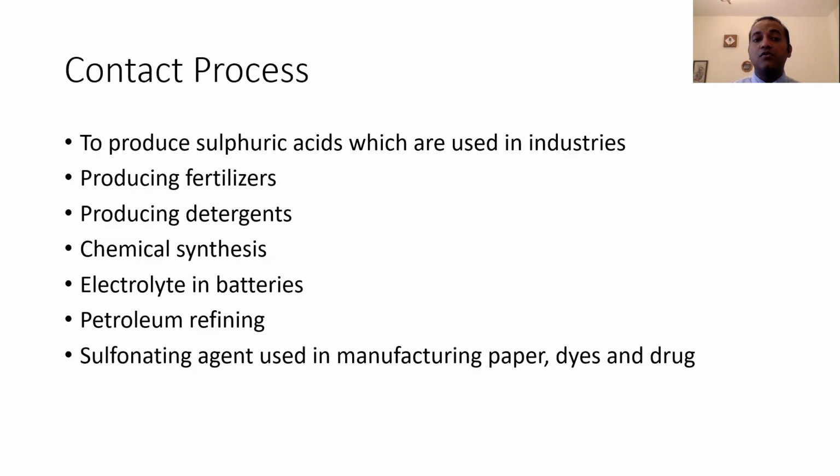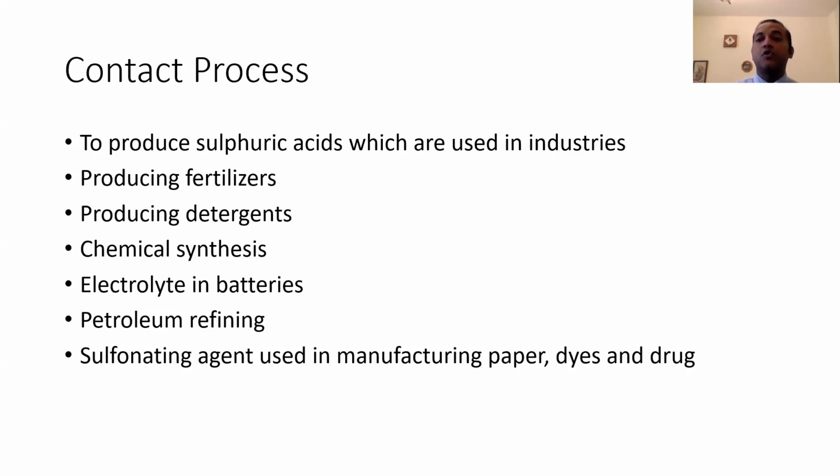Okay, so sulfuric acid is used to produce fertilizers, produce detergent, and as a chemical synthesis for other types of chemicals, electrolyte in the batteries of vehicles, the petroleum refinery, as well as a sulfonating agent used in the manufacturing of paper, dyes, and drugs.